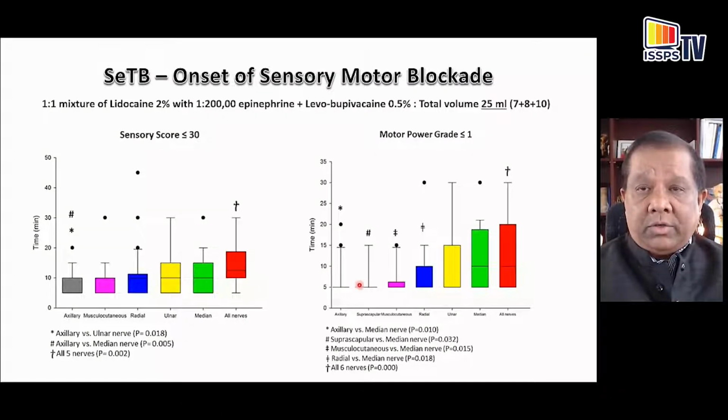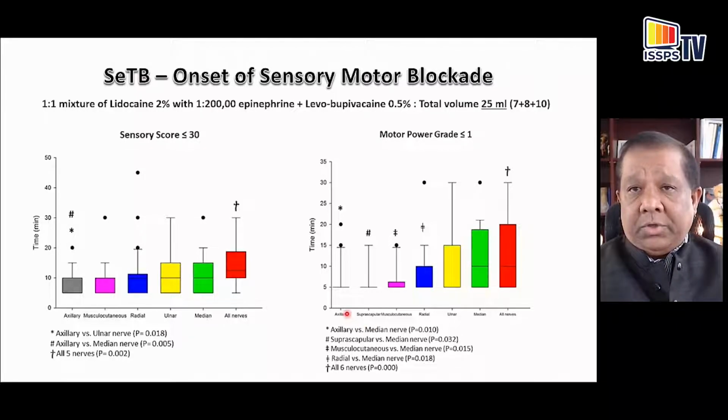And the motor grade is also a rapid decline in motor function in all the major nerves evaluated. So much so that the onset of motor blockade of the axillary, suprascapular, and musculocutaneous nerves and the radial nerve are much faster when compared to the median nerve.